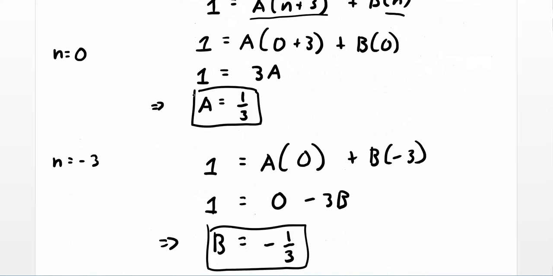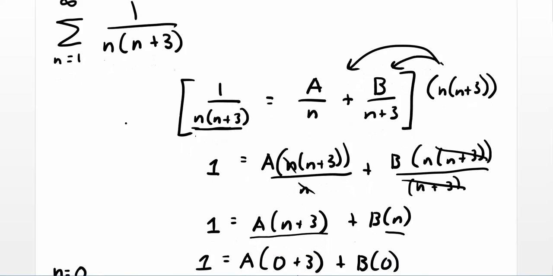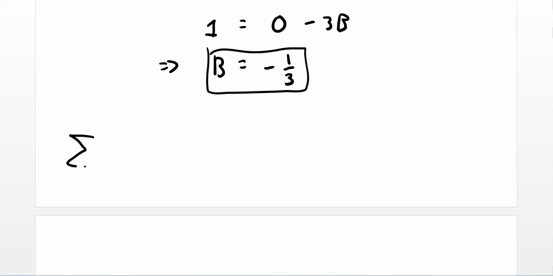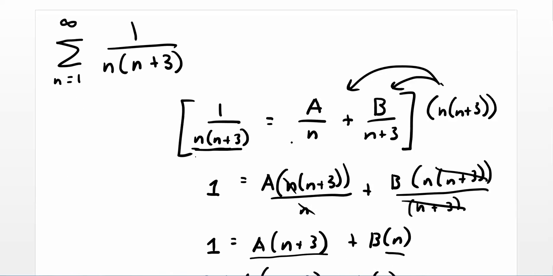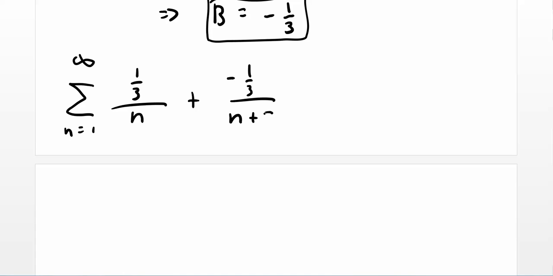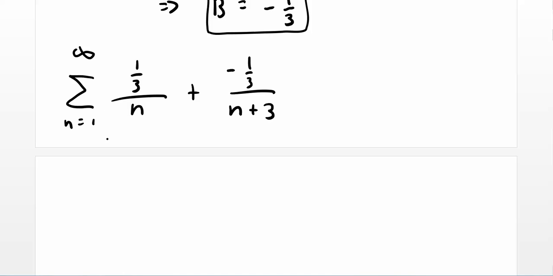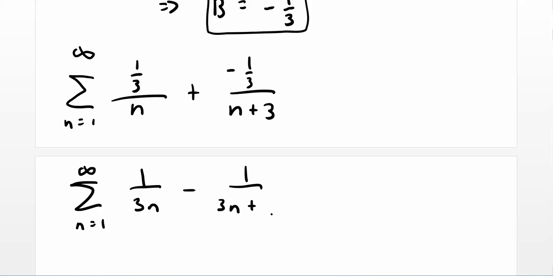So my series is actually equal to (1/3) over n plus (-1/3) over n plus 3. Simplify this a bit: 1 over 3n minus 1 over 3n plus 9.